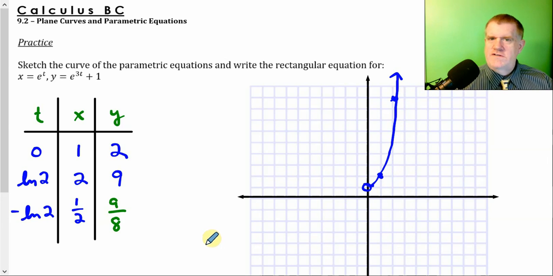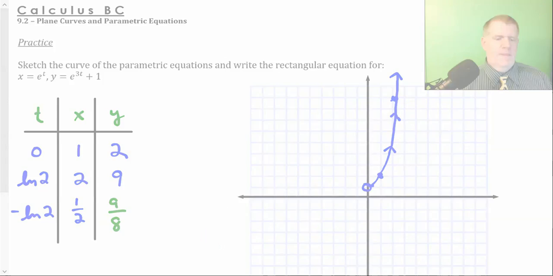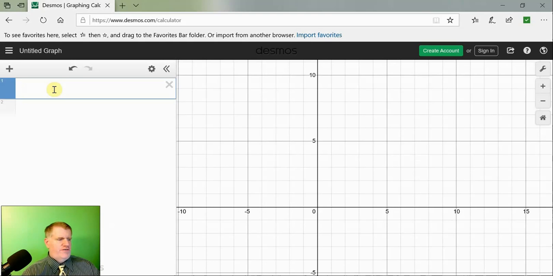All right, let's check that on Desmos and let's confirm that answer. All right, looks good. Now again, it goes up forever. It's going this direction. Okay, just going up and up and up. So let's confirm our answer here. So let's again graph it at the coordinate point, e raised to the t power.